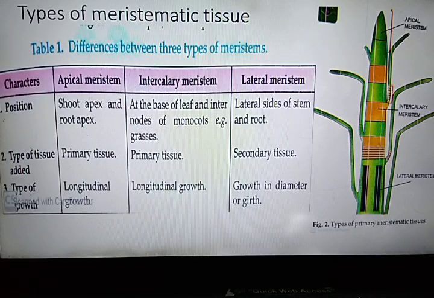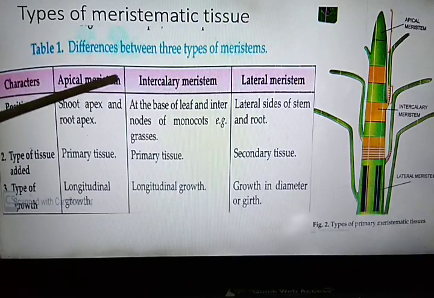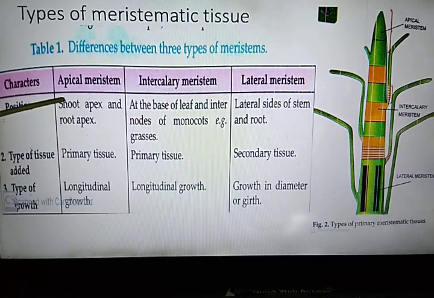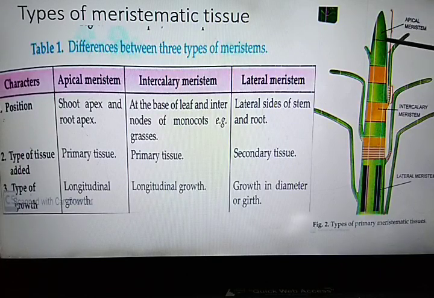Now we are studying the meristematic tissue on the basis of their location. So there are three types of meristem: apical meristem, intercalary meristem, lateral meristem. First of all, apical meristem. It is present at the growing tips of root and shoot, which means it is present at the growing tip of the stem.